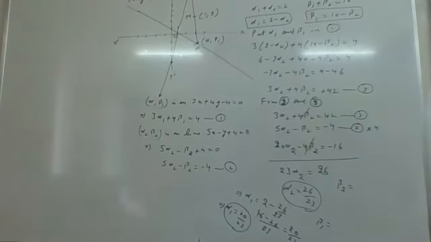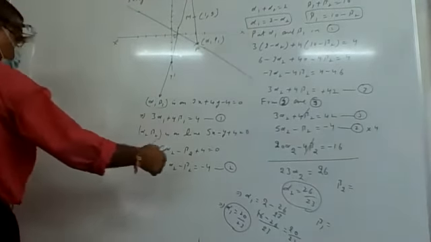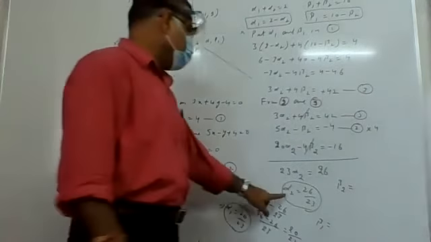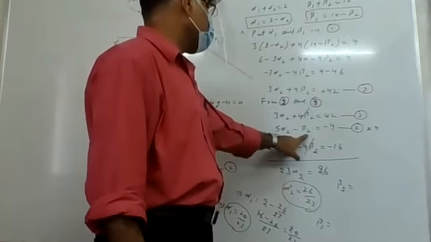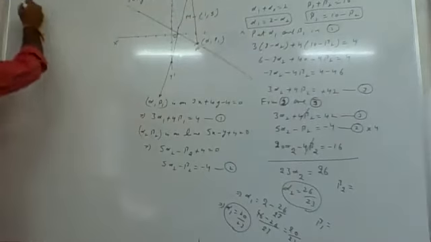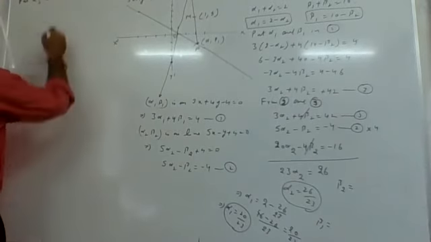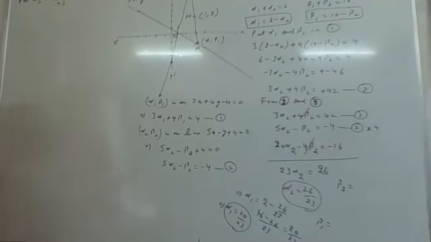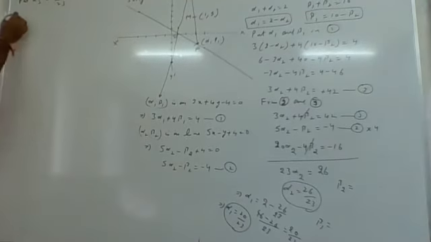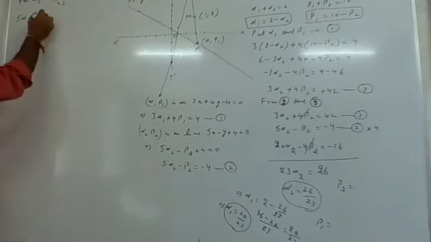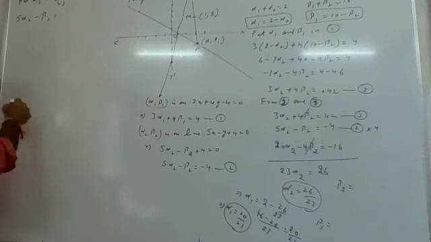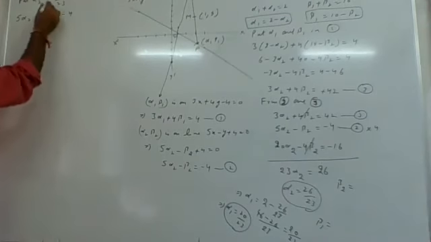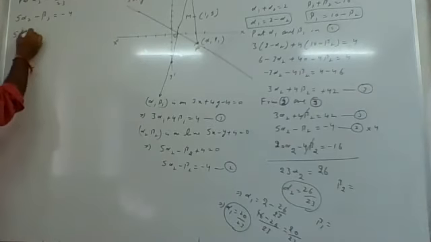Look at this. Put the value of alpha 2 in number 2. Alpha 2 is equal to 26 over 23. In number 2, alpha 2 minus beta 2 is equal to minus 2.